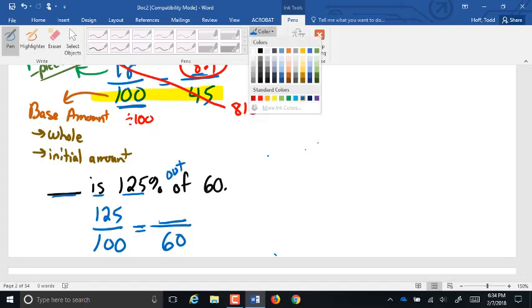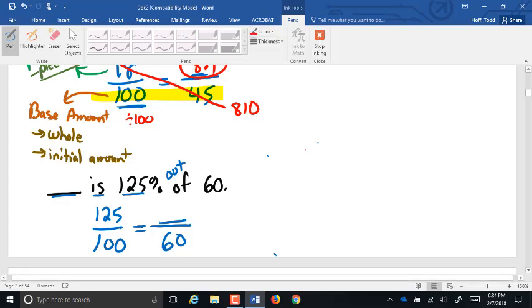So we can see it's very similar to the problem up here. So we're going to cross multiply. 125 times 60 is 7,500. Divided by 100 is 75. Now you'll notice here that this piece or portion is bigger than the whole thing. Why is that?